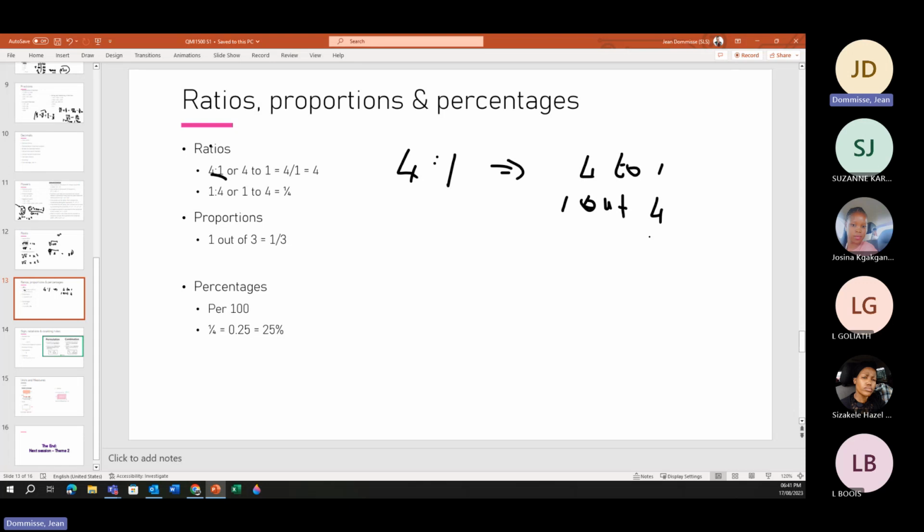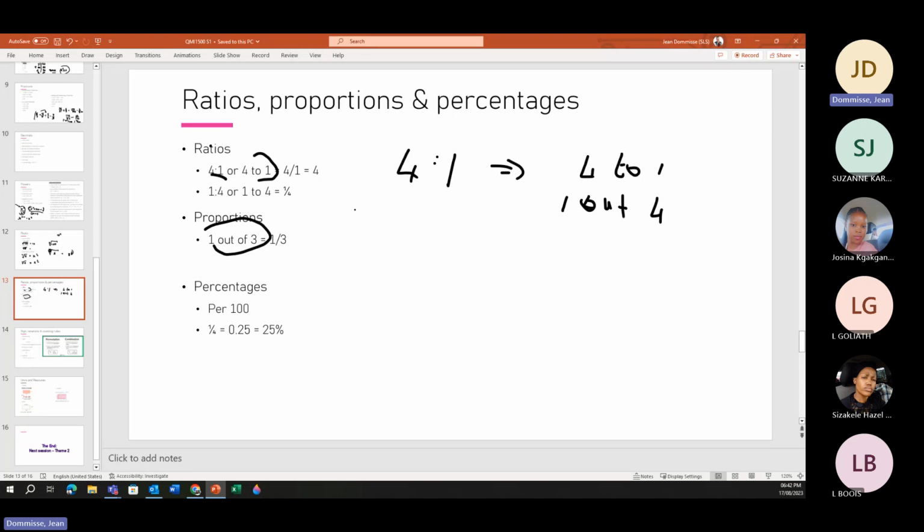So again, with the ratios and the proportions, when they use the words, just make sure that if they say 4/1, you don't do the opposite and use a proportion instead of the ratio.